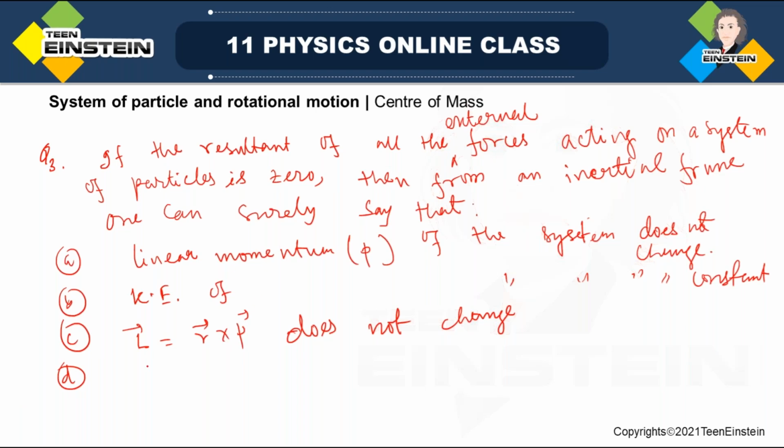And the fourth option is potential energy of the system of particles does not change in time. I will write in short form so that we can cover it.